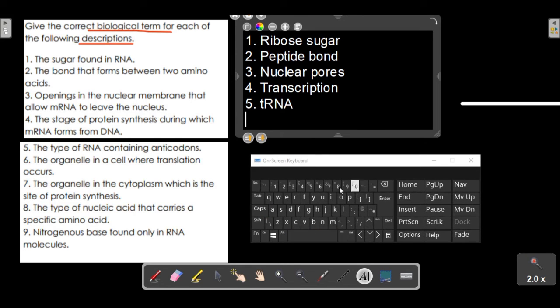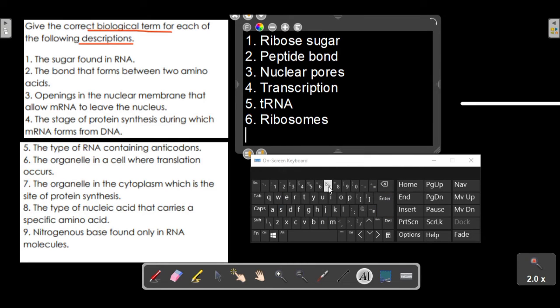Number 6 says the organelle in a cell where translation occurs. We said that it occurs on the ribosomes, guys. Number 7, the organelle in the cytoplasm which is the site of protein synthesis.